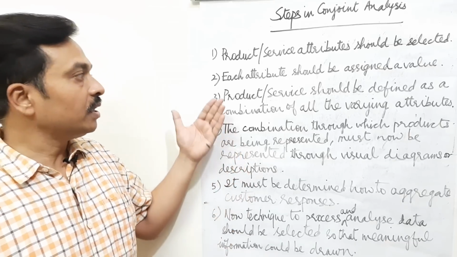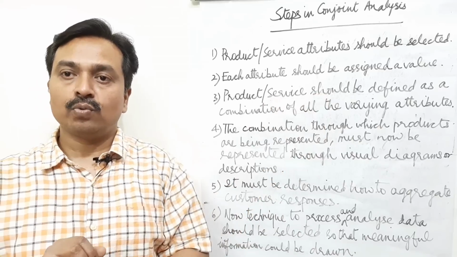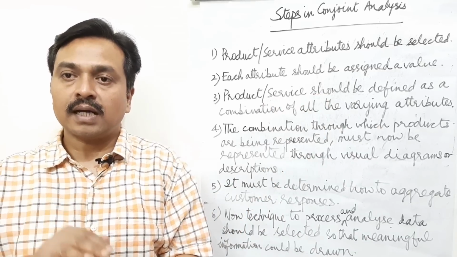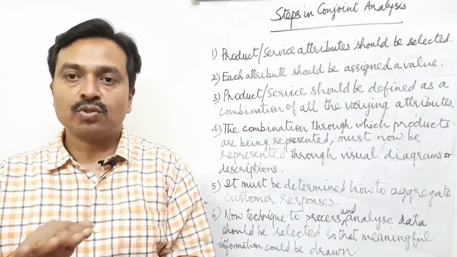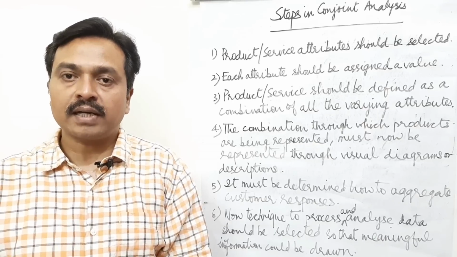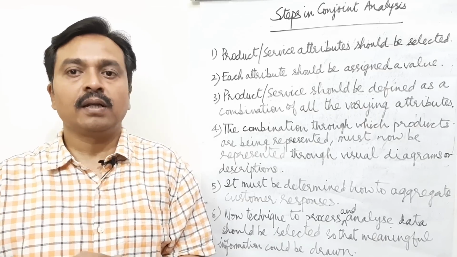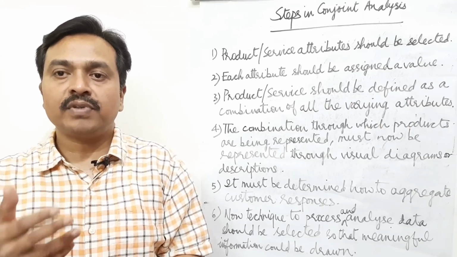Number 2, each attribute should be assigned a value. These values of these attributes will represent the variance available in each of these attributes. For example, for the attribute of size, the options available could be 5 inch, 10 inch or 15 inch.